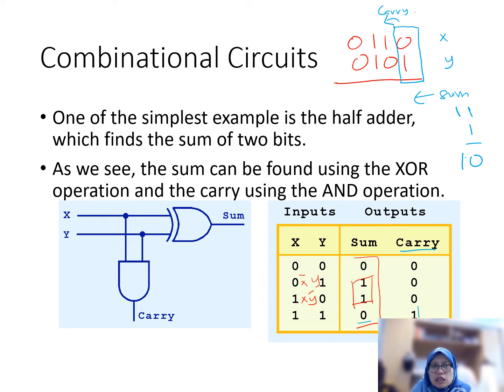So the logic circuit that we use is x XOR y for the sum. For the carry, it is basically xy, so only x and y both being 1 will produce the output. We just tap on x and y and AND them together, and you will get the other output, which is the carry.